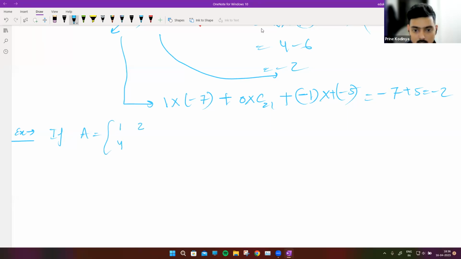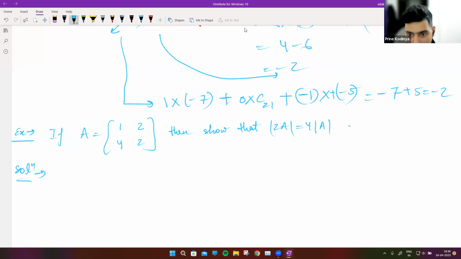Now see, A is a matrix here, right? Can someone tell me what is the difference between this right hand side and left hand side?